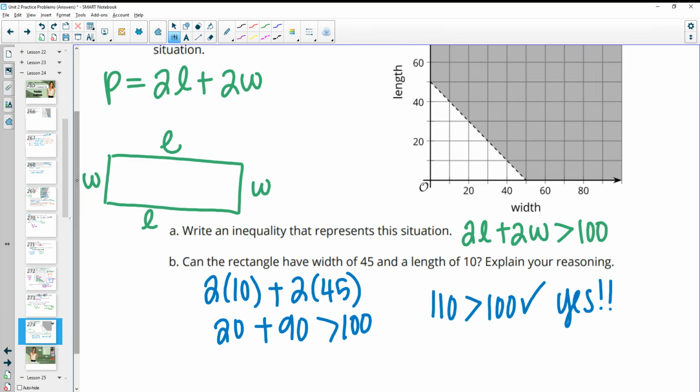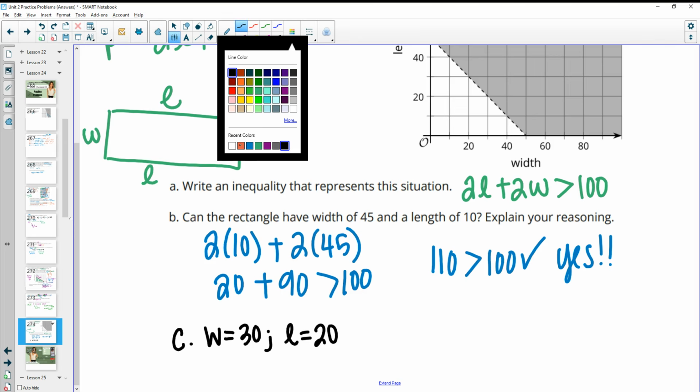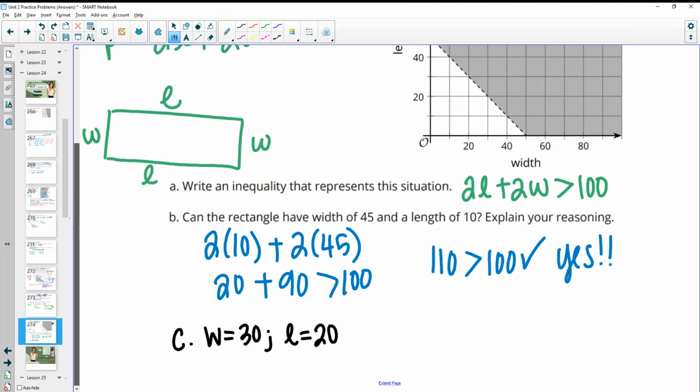Then there's another problem that isn't on here, but it says, could we have a width of 30? So could the width equal 30 and the length equal 20? And so then we would again just double each of these, right?